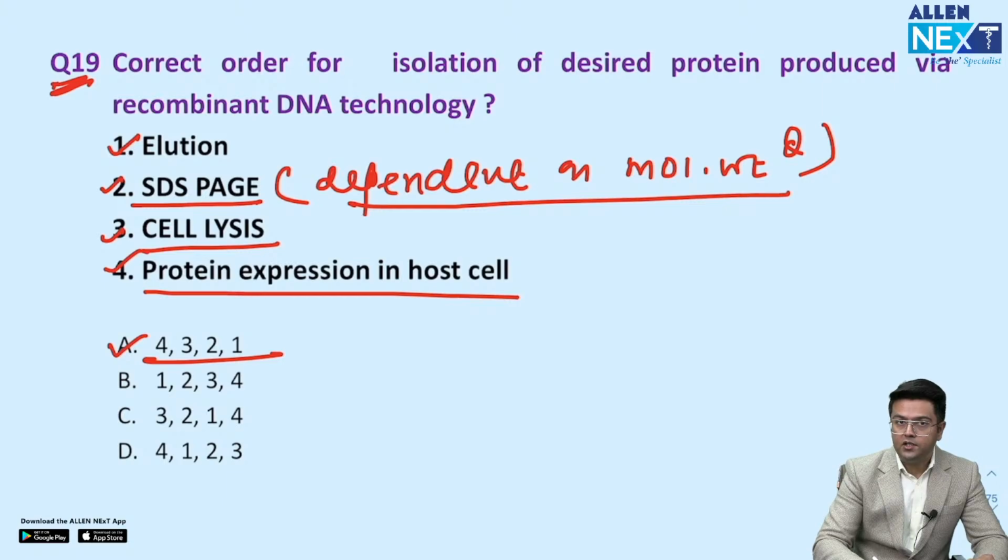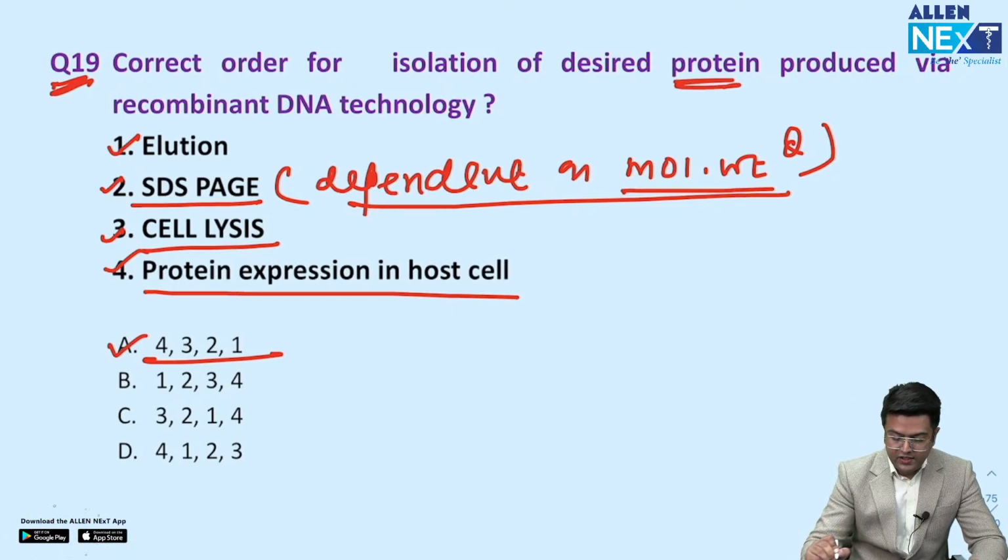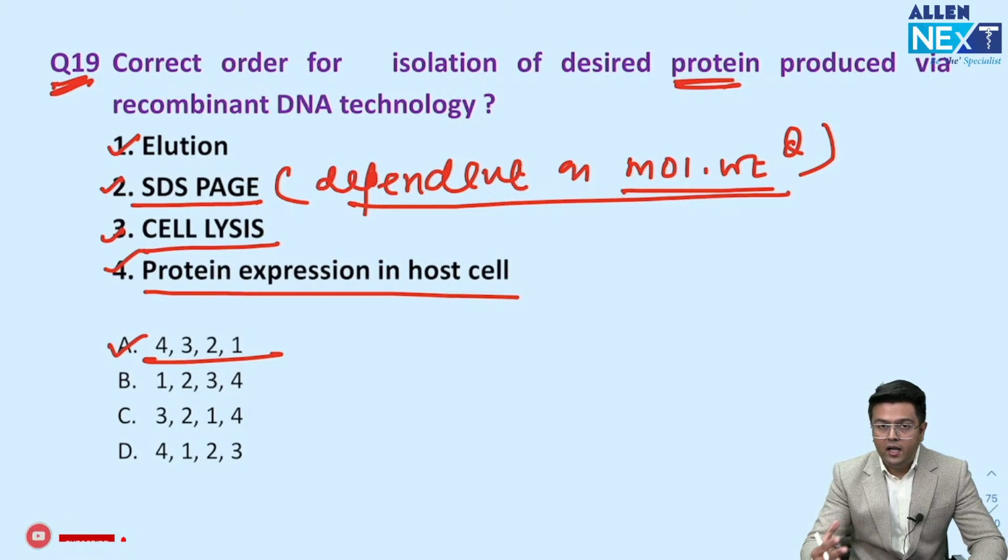One more thing, when I was talking about this SDS page, it is dependent on molecular weight. Now, guys, to separate the DNA, this is for the protein actually. SDS page is protein separation. To separate the DNA, we have electrophoresis that is called PAGE, polyacrylamide gel electrophoresis.